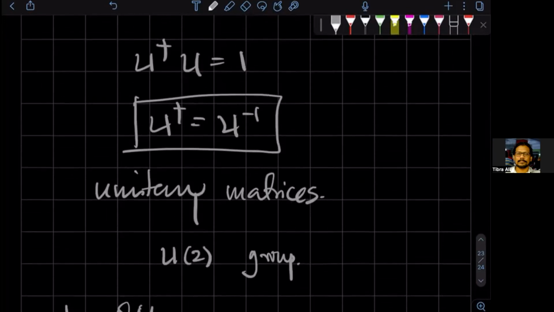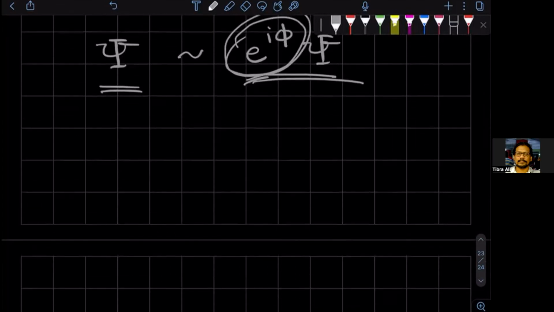And what happens with U2 matrices is that a U2 matrix can be written as a phase times another matrix V, where V has the condition that the determinant of V is 1.